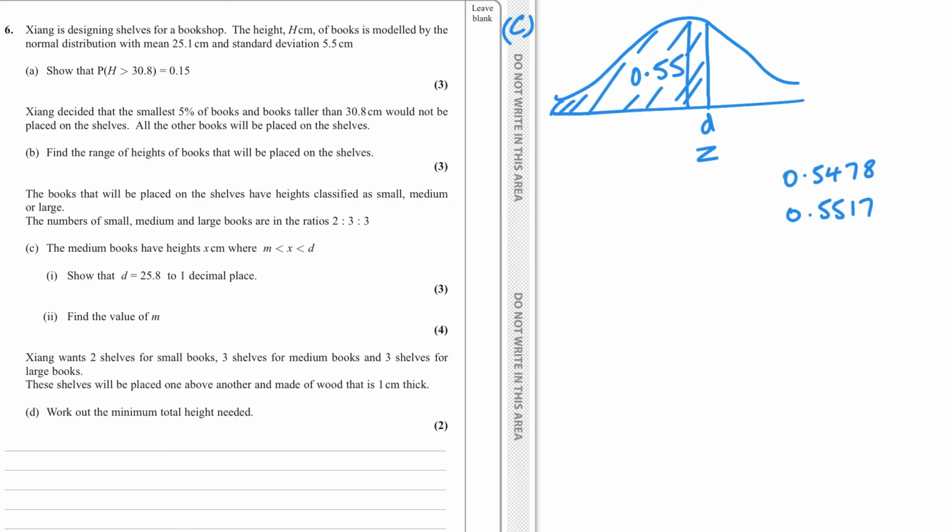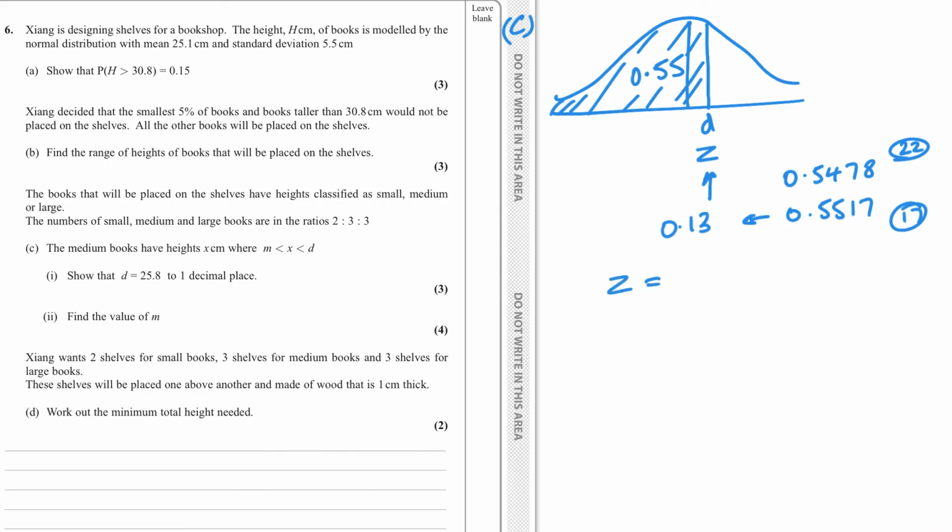Now when I look at them both, I can see that this is 22 away from my 0.55, while this is clearly 17 away. This will be the closest value, and the Z value there is 0.13. So that's my value of Z at this point.